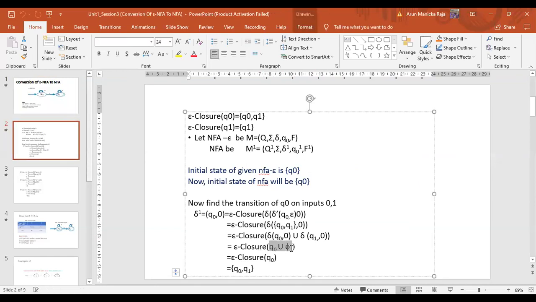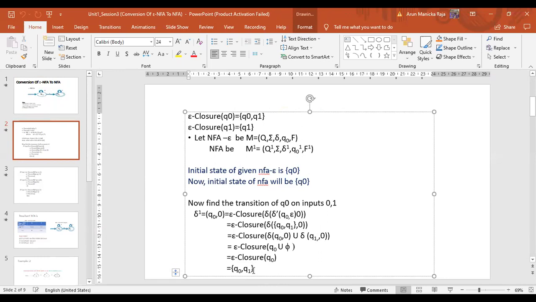Finally, we have to combine all the states we have. Here only one state, that is Q0. So I just put the Q0, and finally we have to give the value as epsilon closure of Q0. Already we have calculated the particular value, that is Q0 comma Q1. This is the transition of Q0 comma 0 for the NFA without epsilon.